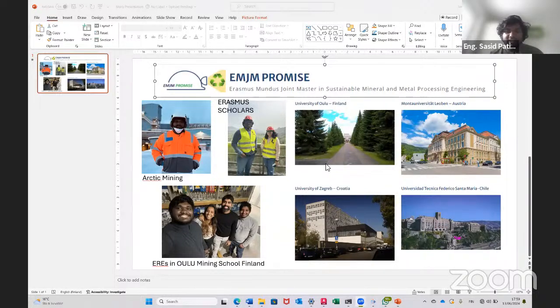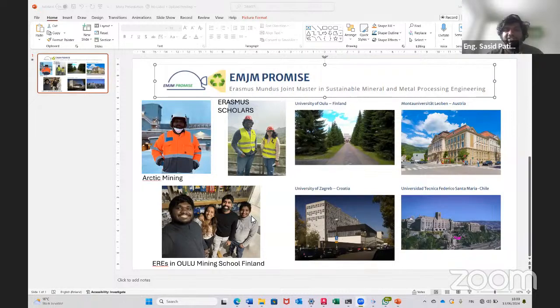And this is a photo I took at the Oulu Mining School in Finland. You can see these are all earth resource engineering graduates who are currently studying mineral processing and mining in Finland. So there are a lot of opportunities if you are willing to become mineral processing engineers.